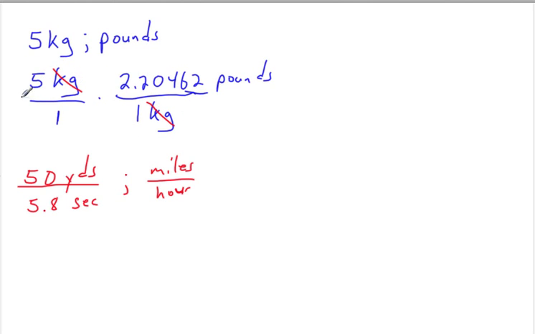These numbers now are not going to be divided, they're going to be multiplied because they're both on the top. And so we do 5 times 2.20462 equals 11.0231 pounds.